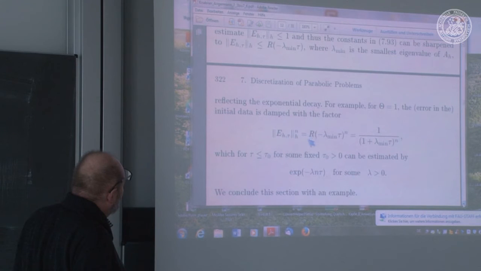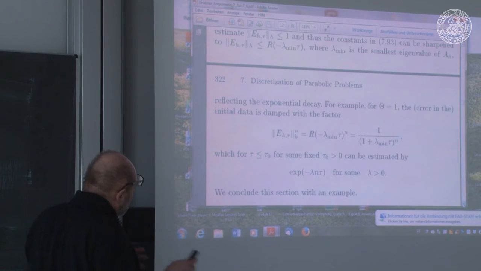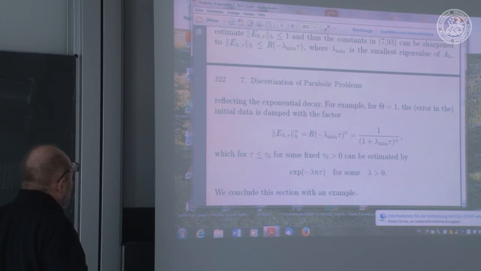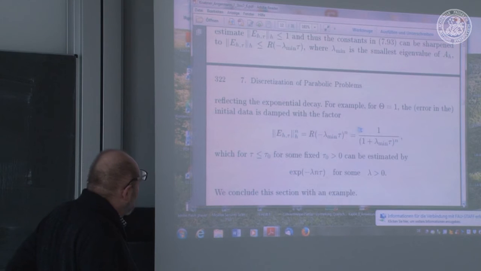It turns out that we have to look at the minimal eigenvalue. To check this, we have to go again into this representation of vectors by the eigenvectors, representing the norms, basically what we have done, and then we have sums, and the dominating thing is the minimal eigenvalue.